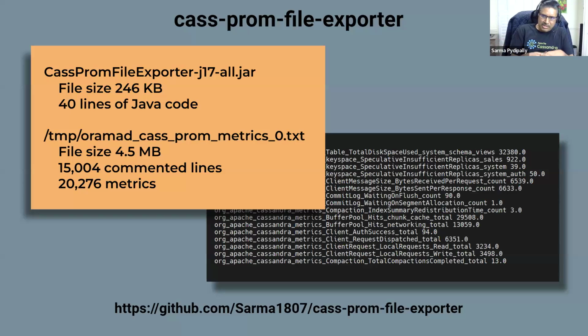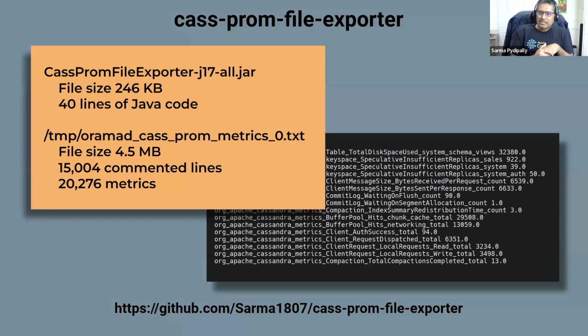If you look at a Prometheus formatted file, you can see that every metric is given a comment which says what kind of metric you're looking at: a gauge, a number, a count, or a percentage. On the bottom right side, I put a screenshot of how the metrics look.